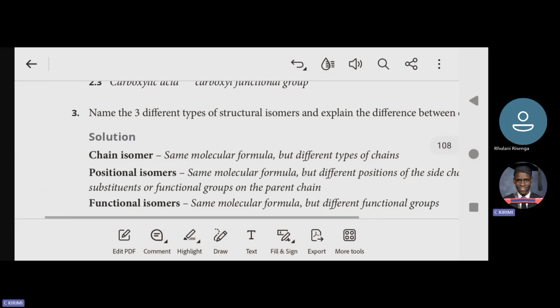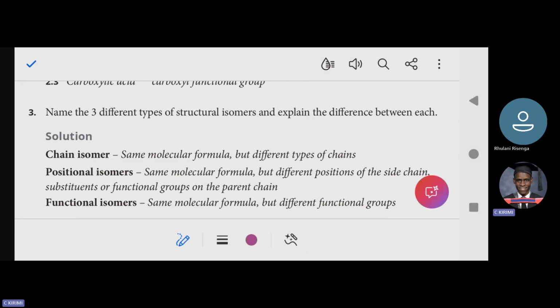The functional group, which can mean the double bond, the OH group or the COOH group, is on the parent chain, which is the longest chain, and also the substituents, which mean those side chains. Whether we have a CH3, how many of these CH3s will be surrounding that particular atom?